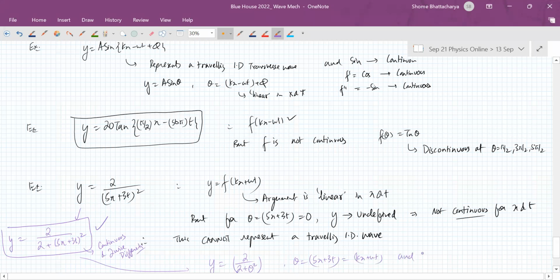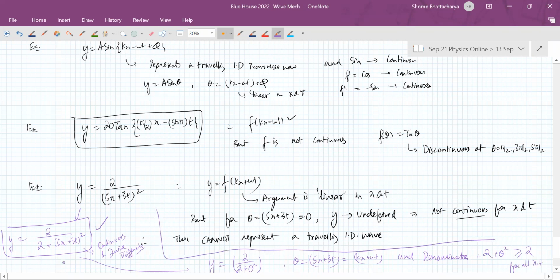And the denominator, which is 2 plus theta square, is always greater than or equal to 2 for all theta. Now there's no problem of discontinuity.